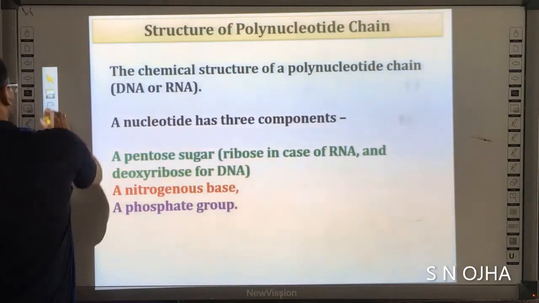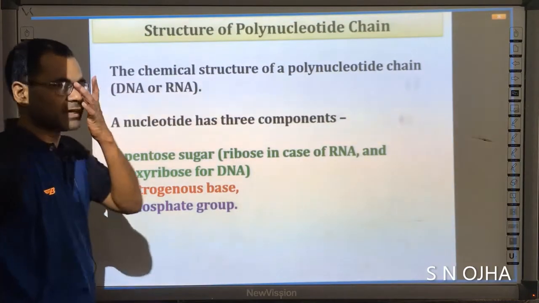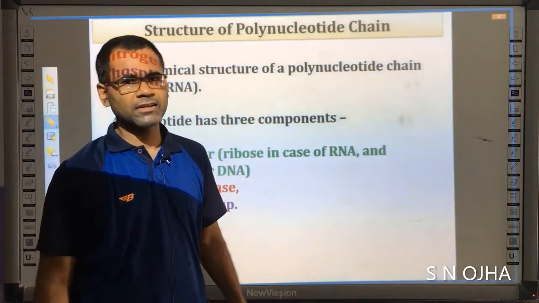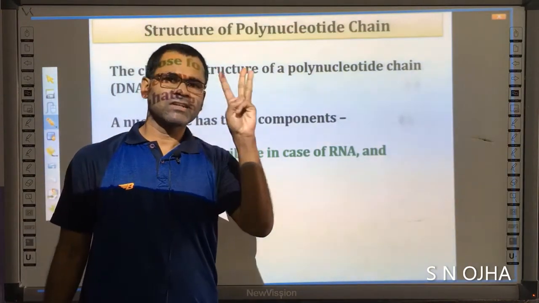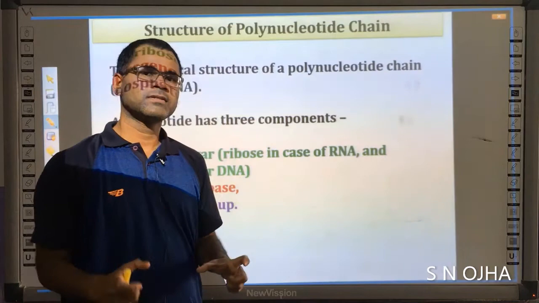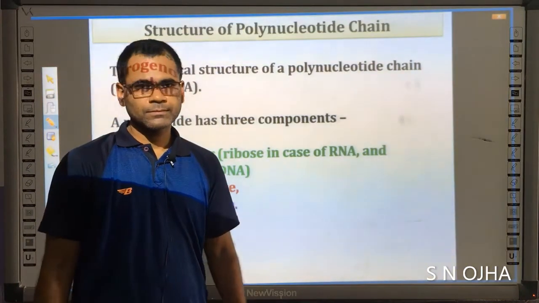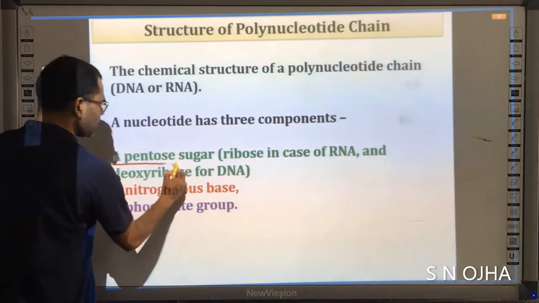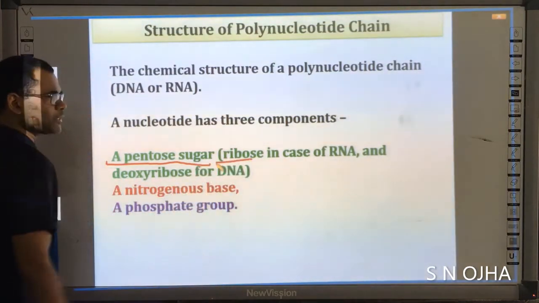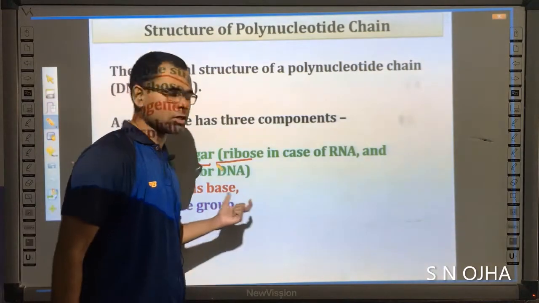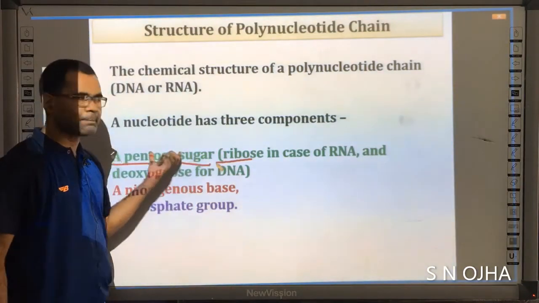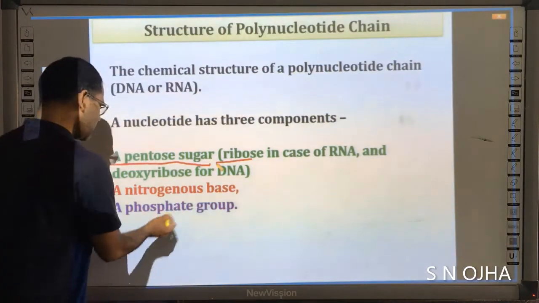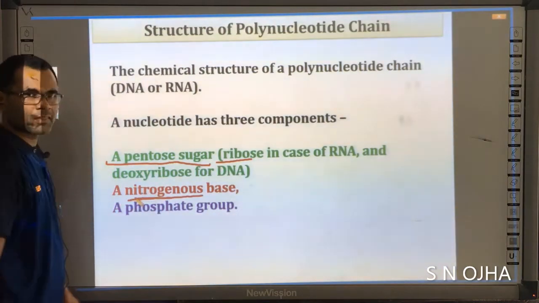Well, talking about the structure of the polynucleotide chain, it is again important. Basically, there are three things which make this structure. The first important one is a pentose sugar, which is the building block for the DNA. The second one is a nitrogenous base.